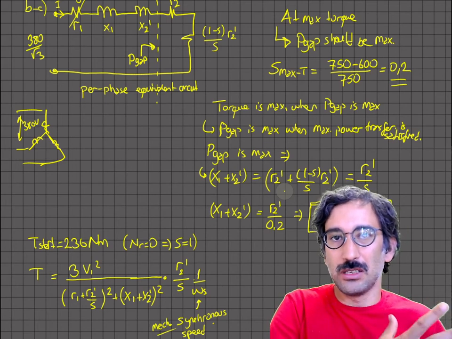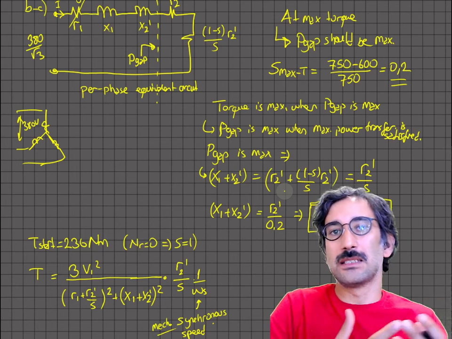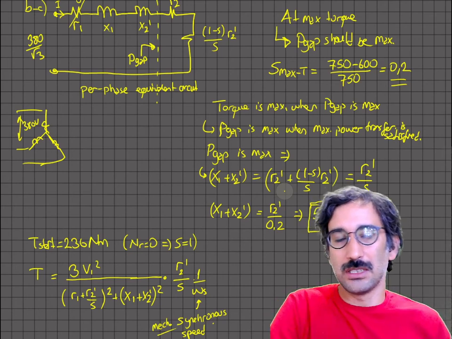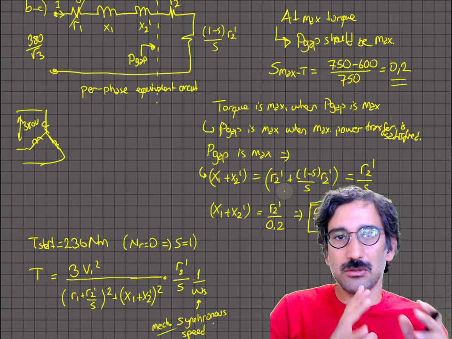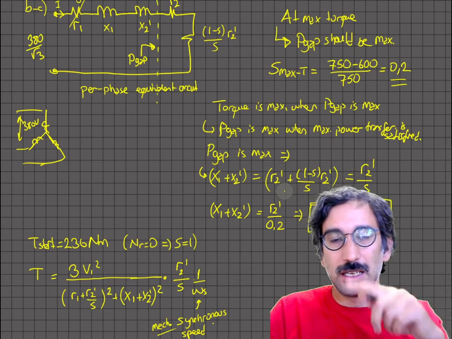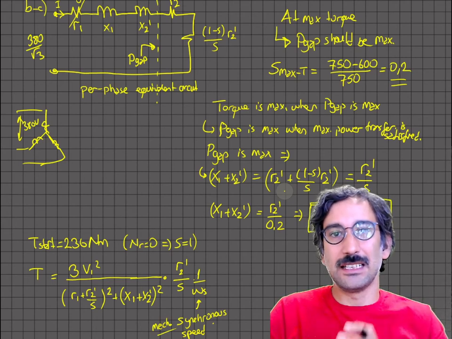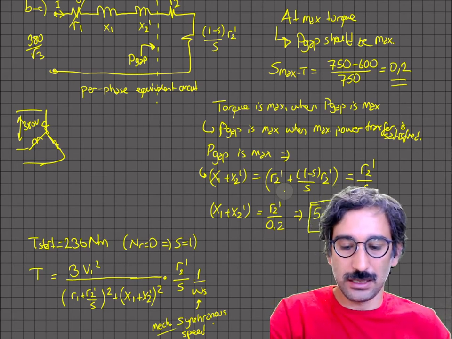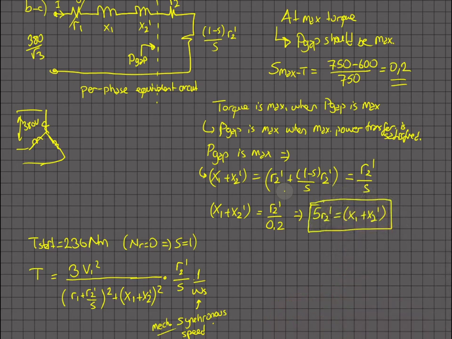So if you are dividing power by speed to get the torque, remember power is equal to torque times speed, but that speed is always the actual mechanical speed, and it is not in RPM, it is in radians per second, in mechanical speed. Okay, so let's put our equations there.